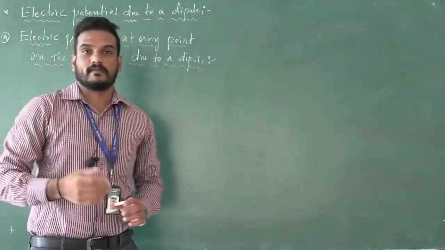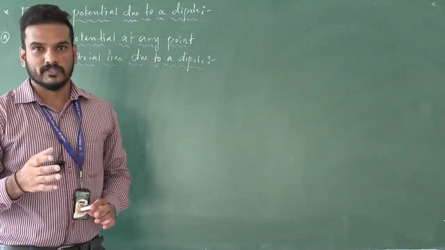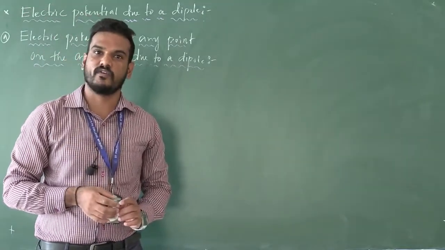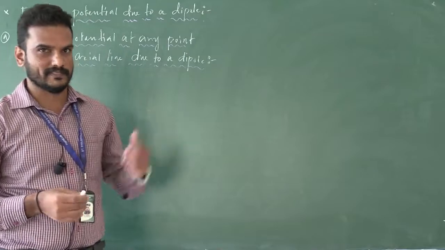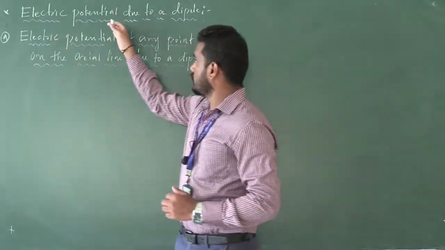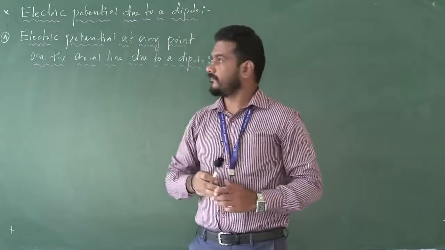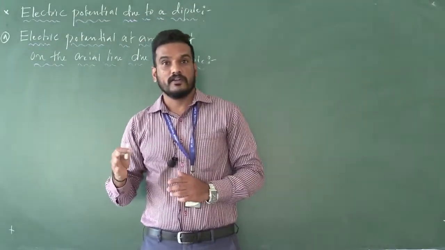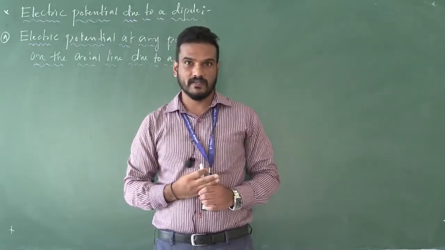Just now I explained electric potential energy of a dipole placed in uniform electric field. Then the next concept is electric potential due to a dipole. Electric potential due to an isolated point charge we learned.